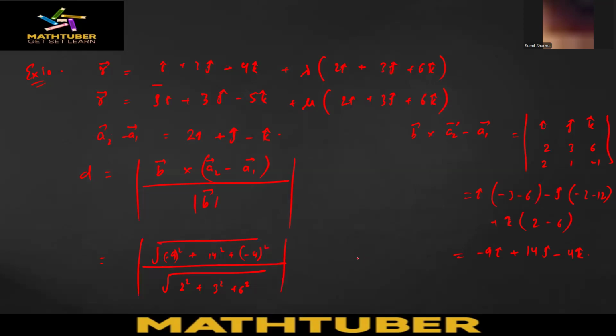So this is under root 293 divided by under root of 49, and that is root 293 upon 7. This will be the answer, right? So this is how we can calculate the distance between two parallel lines. We just have to put the formula and find out the answer.